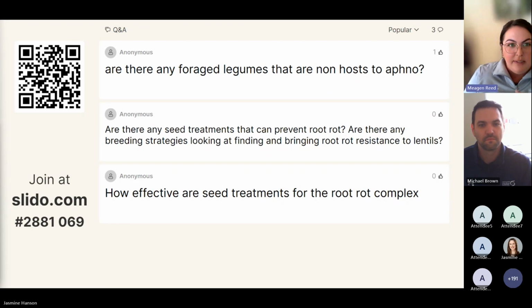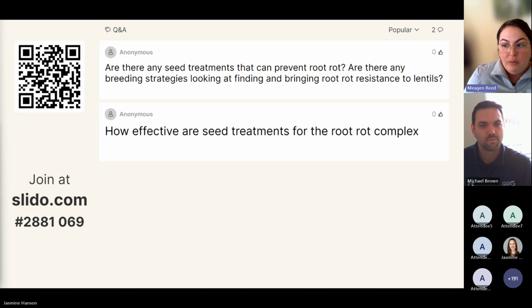Sainfoin is resistant, similar to the resistance you would see in chickpea or faba bean. And if you're looking at forages, Cicer milkvetch is susceptible, as susceptible as pea or lentil. So I would consider maybe an alfalfa, or if you're really worried about it, look at sainfoin as an actual resistant forage pulse for that land.